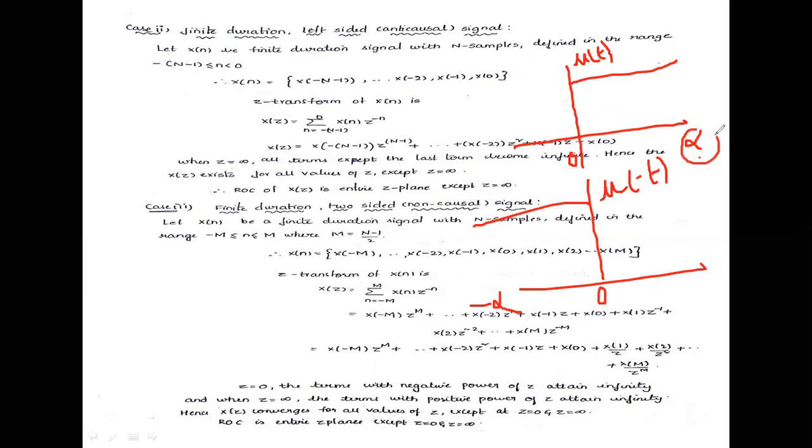That finite duration here is N minus 1 as a plus, and here I'm taking minus of N minus 1 because these are all minus values. So n is equal to minus of N minus 1 to 0, x of n z power minus n. Now expand with these values: x of minus of N minus 1, z power minus into minus is plus, N minus 1, and so on.